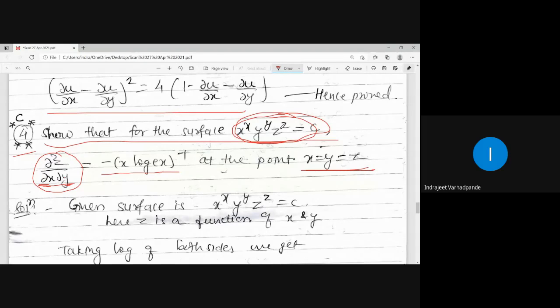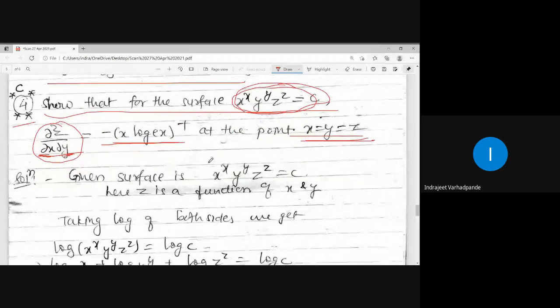But from this I have to get the value of z first so that I can differentiate it partially with respect to y and then with respect to x, so as to get the mixed partial derivative del 2z by del x del y. Is this clear? Then I have to bring this answer by putting the value of the point as x equal to y equal to z.